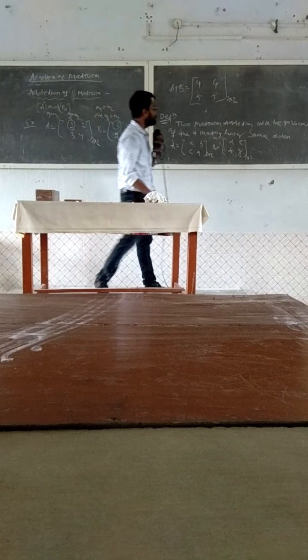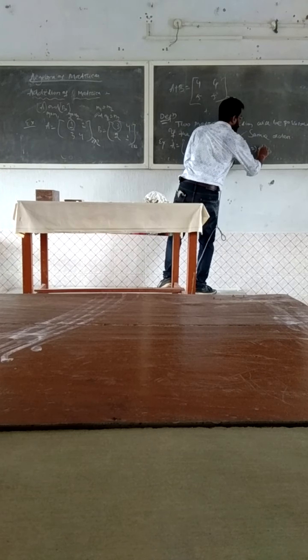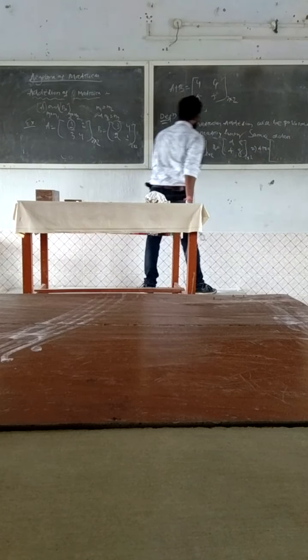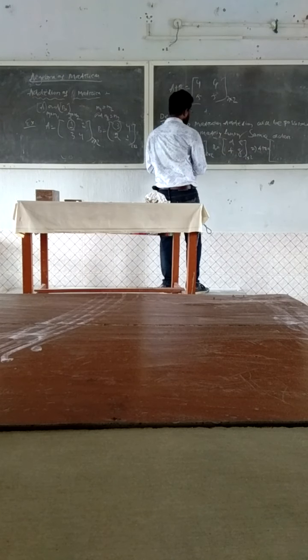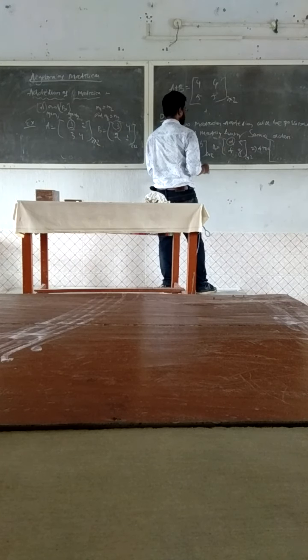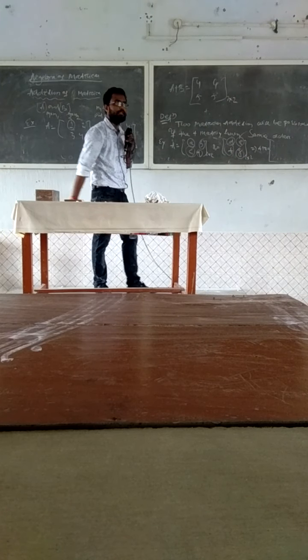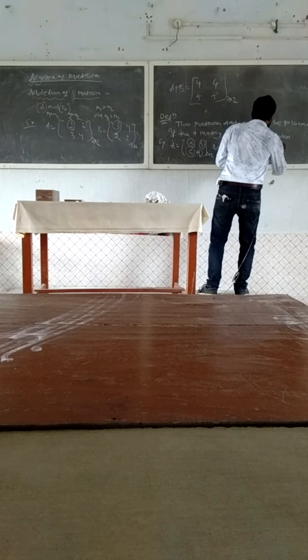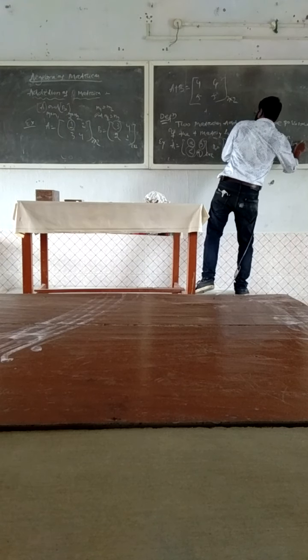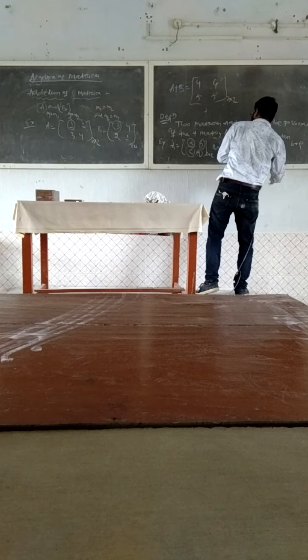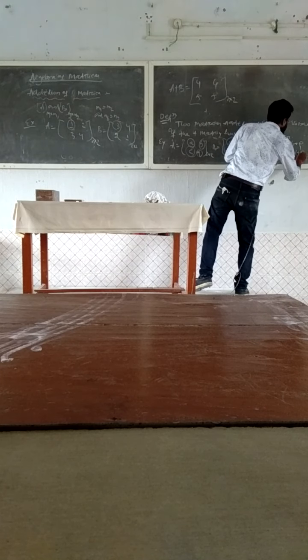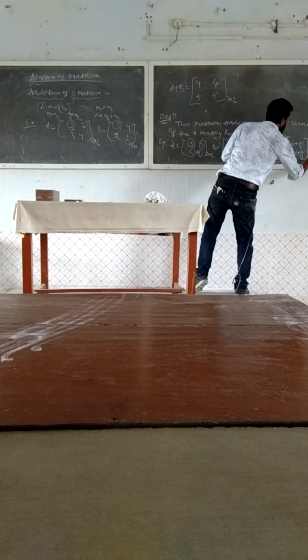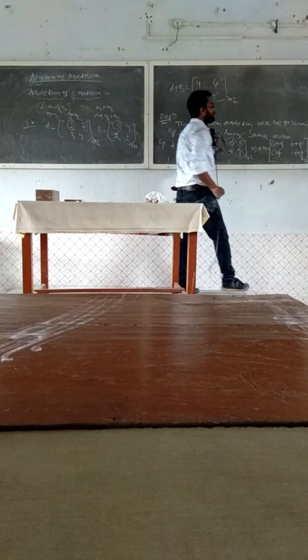The addition is A plus B, which implies A plus B equals A plus D, B plus E, C plus F, and D plus G, respective elements added with respective elements. This is also an example of a 2 by 2 order matrix.